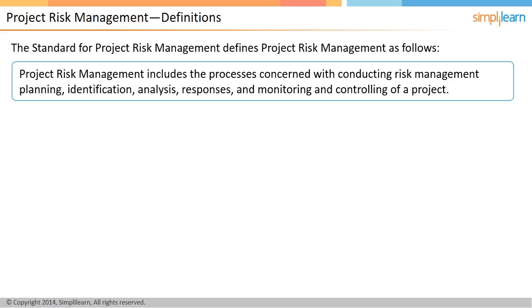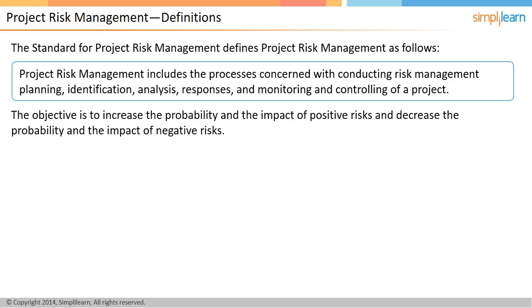As you know from the previous lesson, the project risk management consists of 6 processes. The objective of project risk management is to increase the probability and the impact of positive risks and decrease the probability and impact of negative risks.